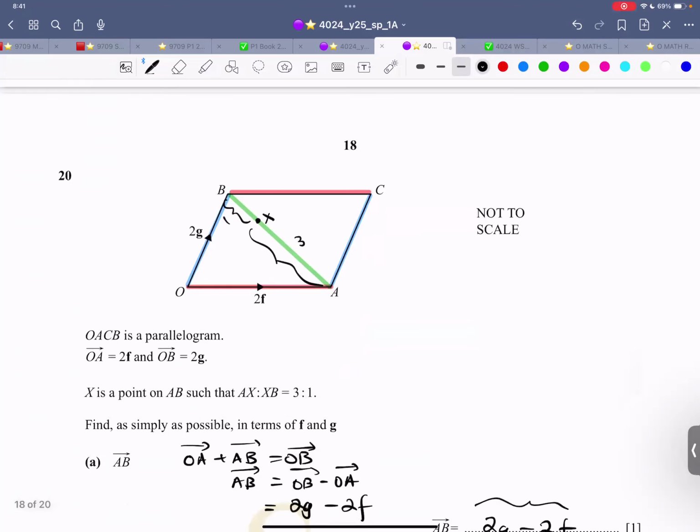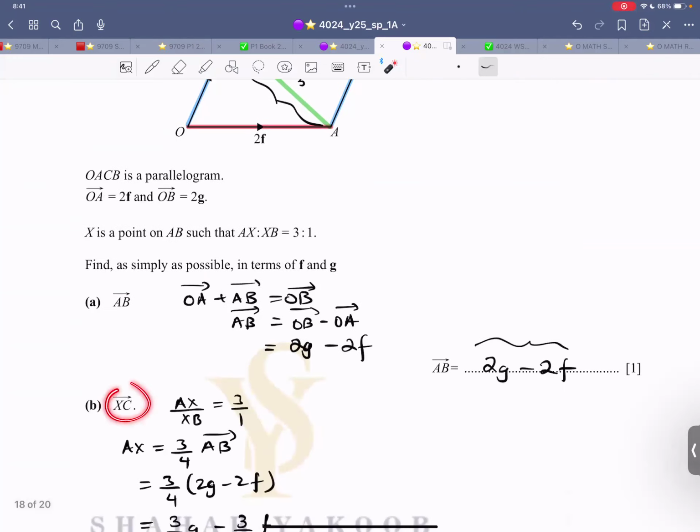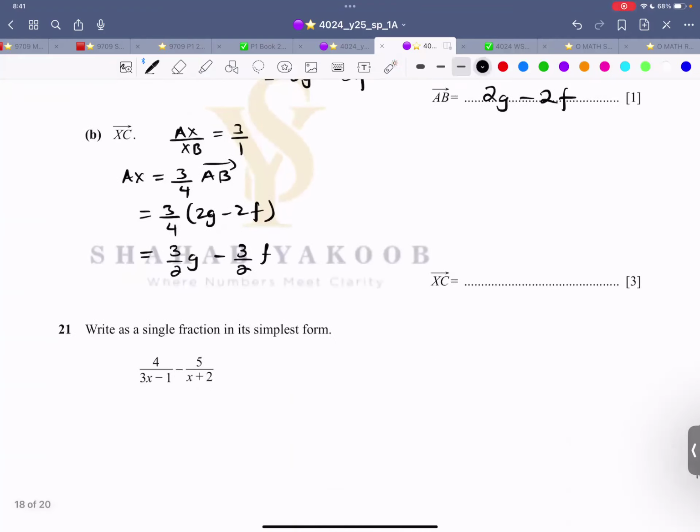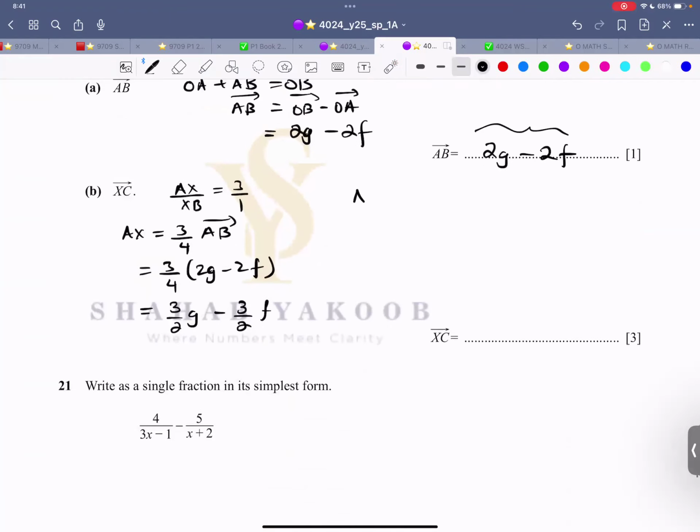Next thing. Let me draw a line connecting these two. Now look at the working. I need XC. AX plus XC is AC. Therefore, XC is AC minus AX.